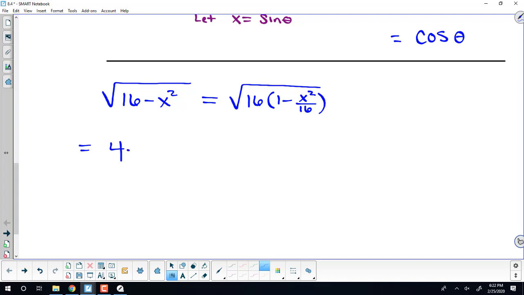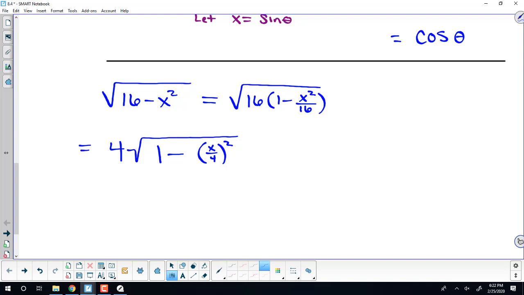And then we have the square root of 1 minus x squared over 16, and we're just going to write that x squared over 16 as x over 4, quantity squared. Your textbook has just a slightly different approach, but either way you go about it, you're going to have to factor stuff out.